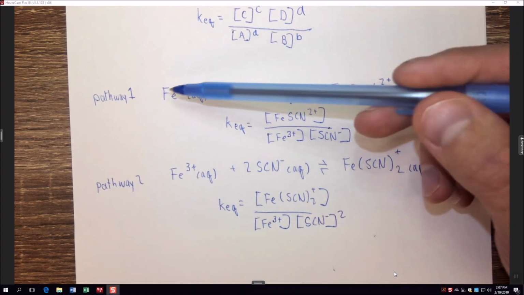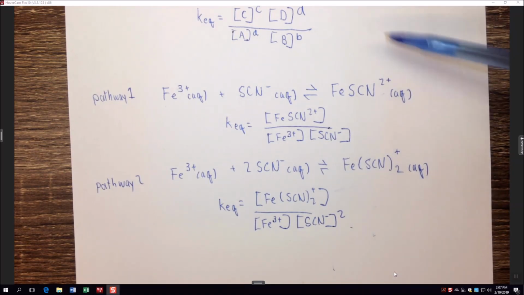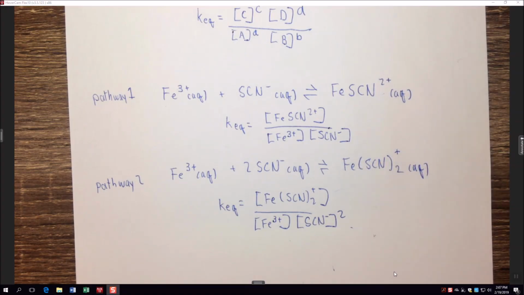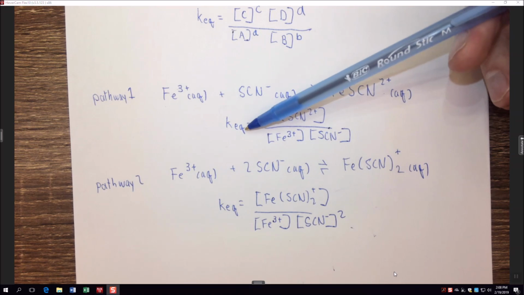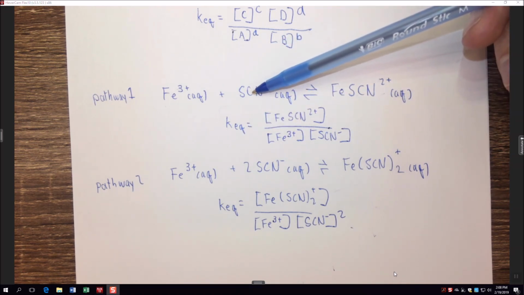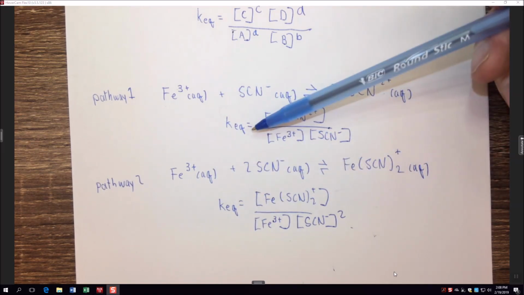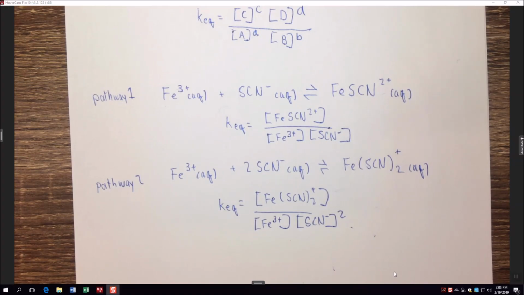We can do that for pathway 1 and for pathway 2, and we could see which of the 2 pathways has a constant equilibrium constant. So the equilibrium constant should be the same independent of the SCN- concentration. So as we vary the SCN- concentration, the KEQ should not vary if it's the correct reaction pathway.